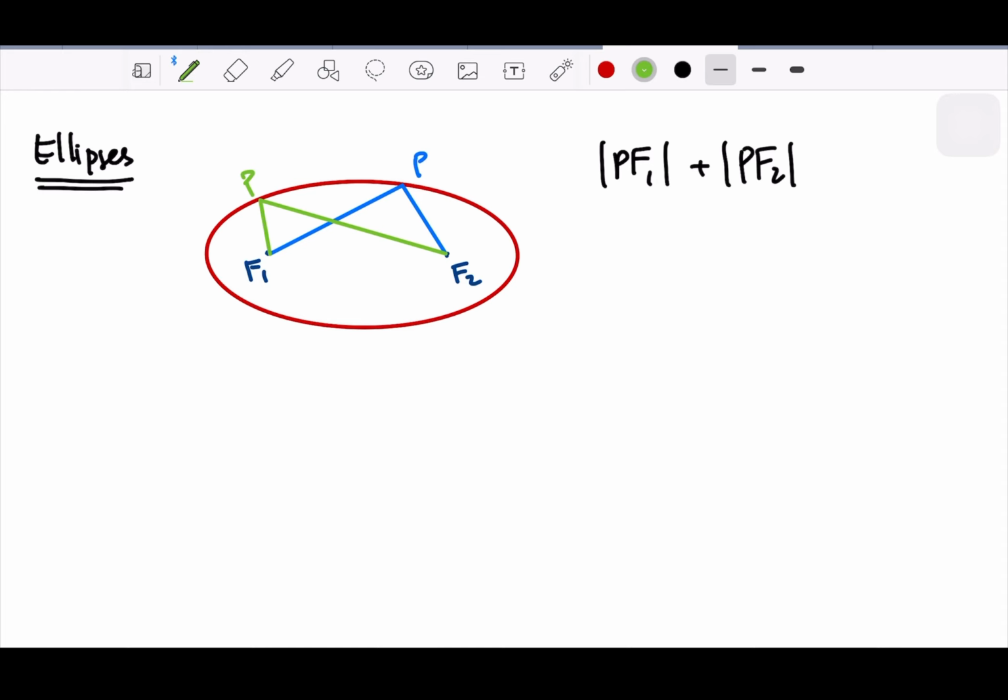To help solve or simplify these equations, I will take this to the other side, and then square both sides.